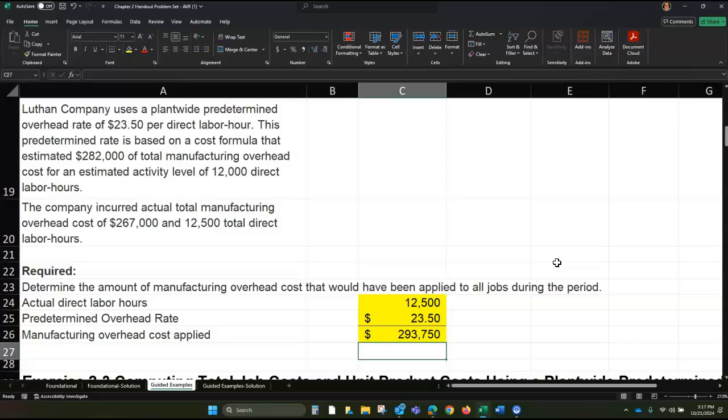Because again, there are two pieces to all of this. We've got the estimates that we're starting with, and then we've got the actuals. In that long fundamental problem, we were like the magic genie. We estimated a certain number of hours, and we applied and had actual the exact same number of hours.